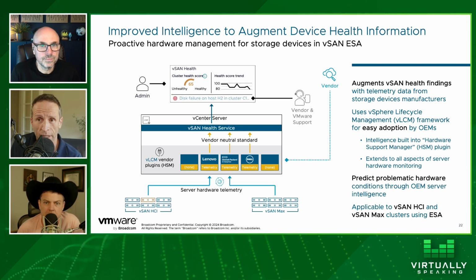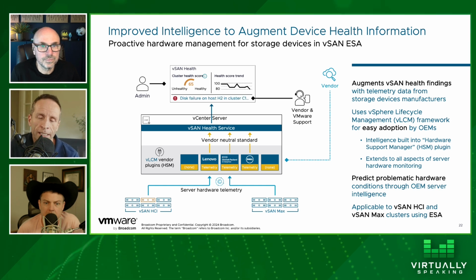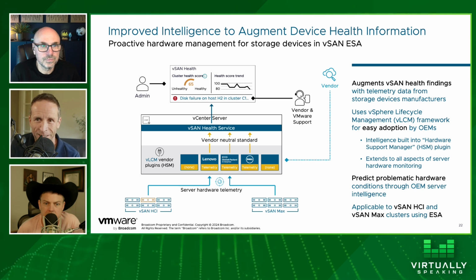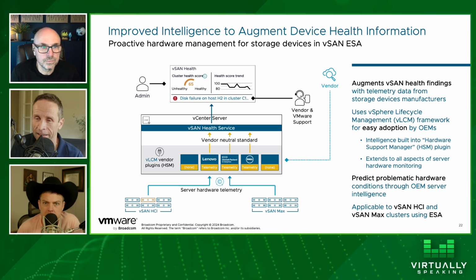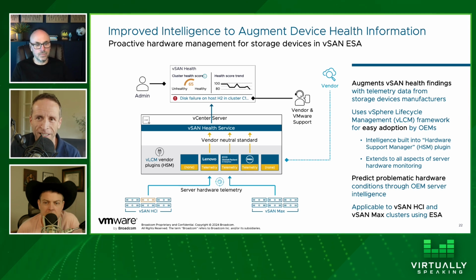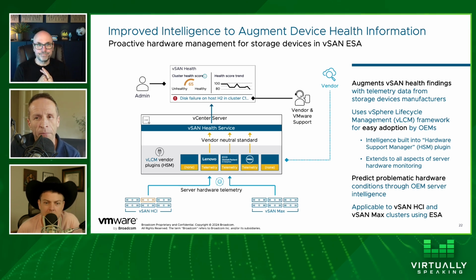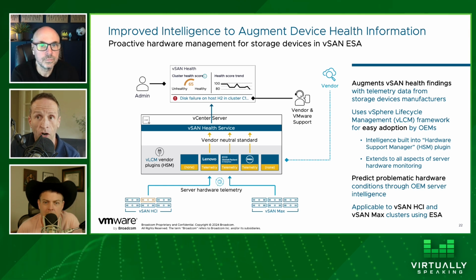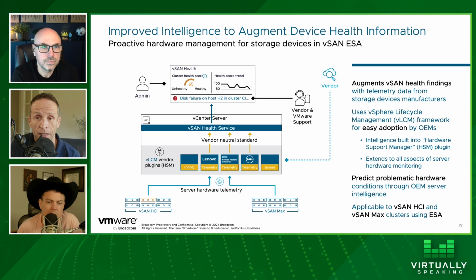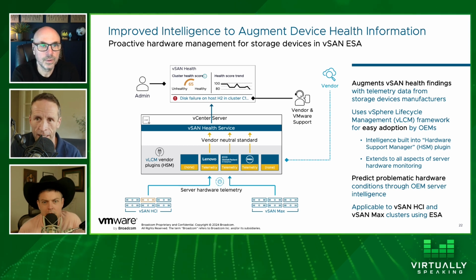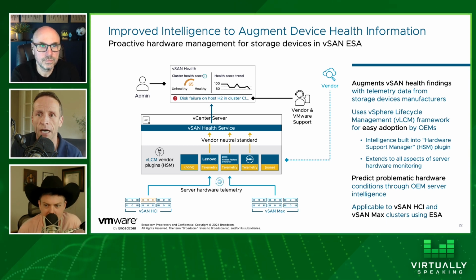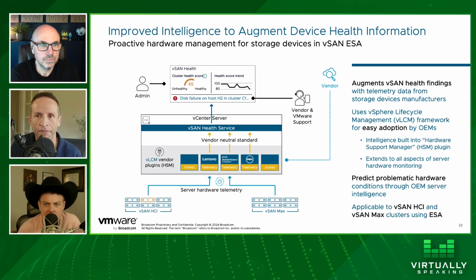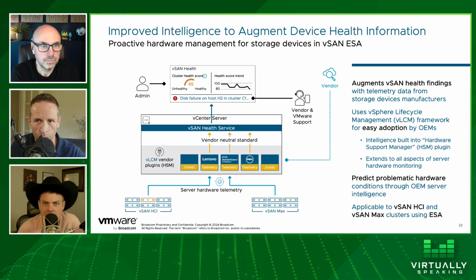The first element that we've improved is we've expanded the capabilities of our lifecycle management mechanism, that being vLCM. And that, of course, we know is responsible for updating the hypervisor and so forth. But within there, there's a component called the hardware support manager, and this is a vendor provided component that helps us ingest some of the information that they have about their server so that we can make sure that the right firmware is on there and so forth.